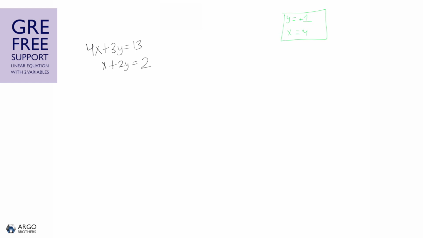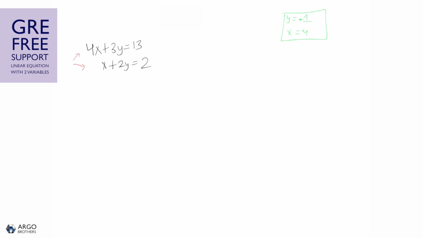Now the way you approach elimination is you want to make sure that one of these equations, either the bottom one or the top one, has a common term. What do I mean by that? Not only a common term, but the exact same term with its coefficient.